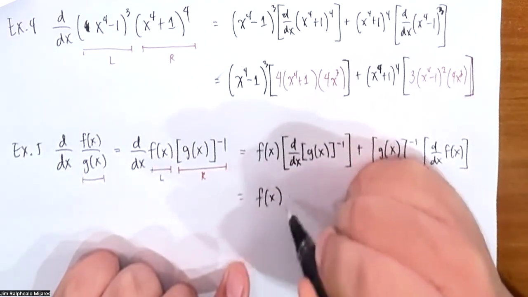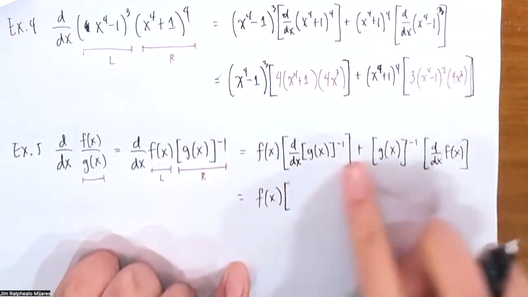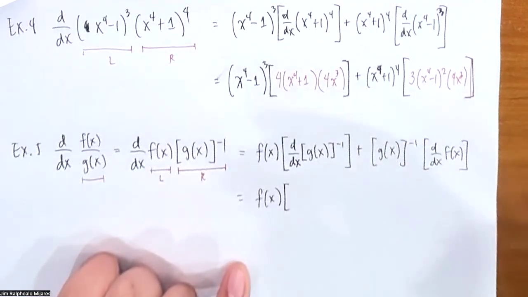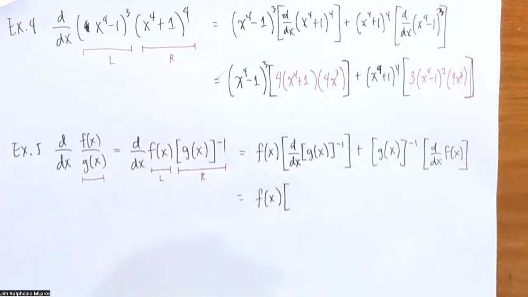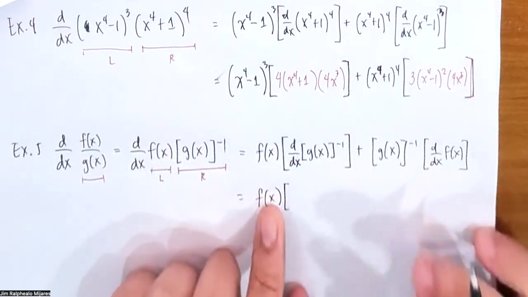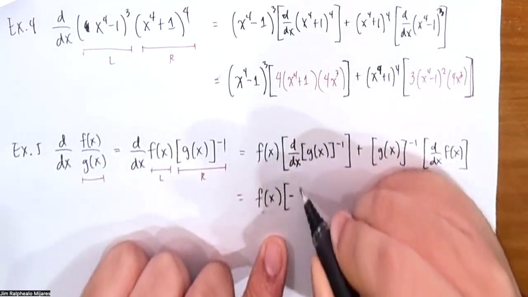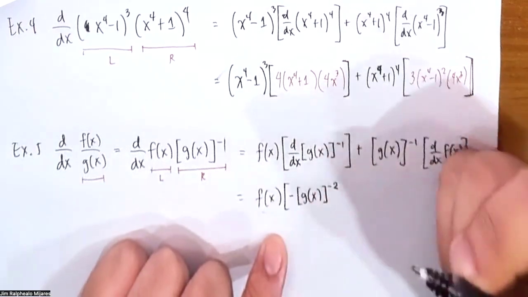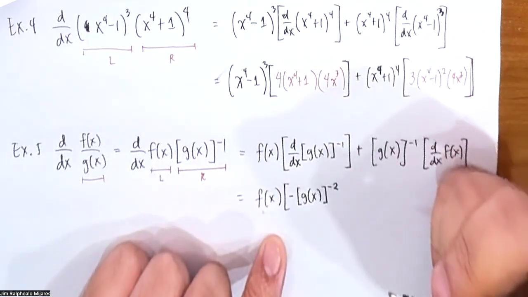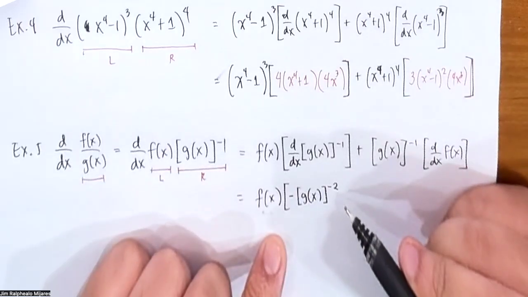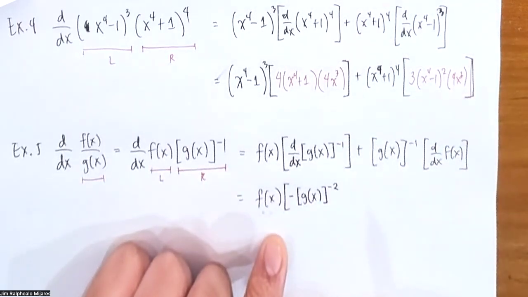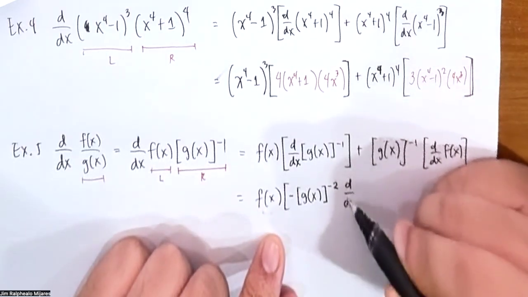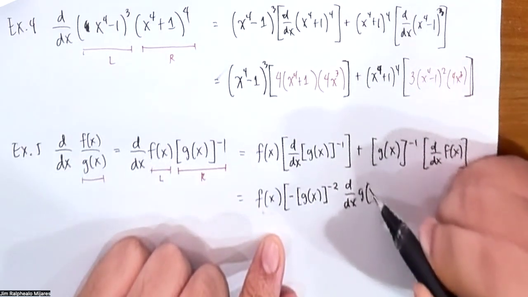This right here is the derivative of g(x)^-1. So we need to do a chain rule. We need to do a power rule. So this becomes negative g(x)^-2, right? Times the derivative of g of x, times d/dx of g of x.